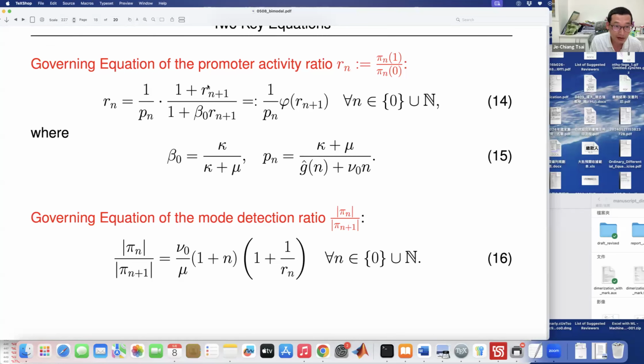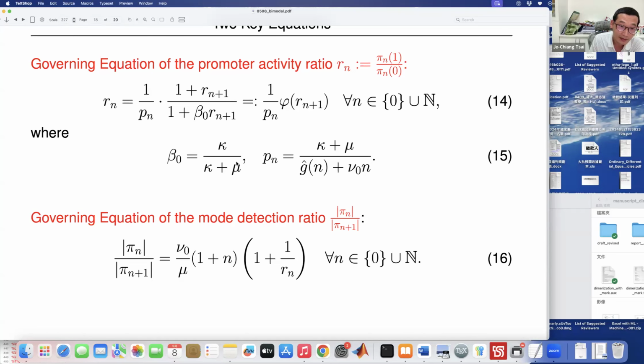This equation is quite nice because the promoter activity ratio corresponding to protein number n is related to the one for protein number n plus 1.